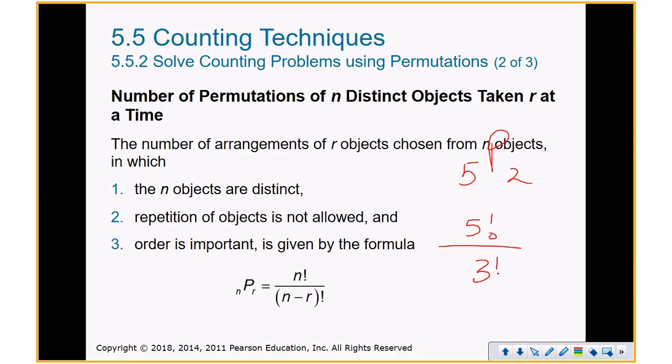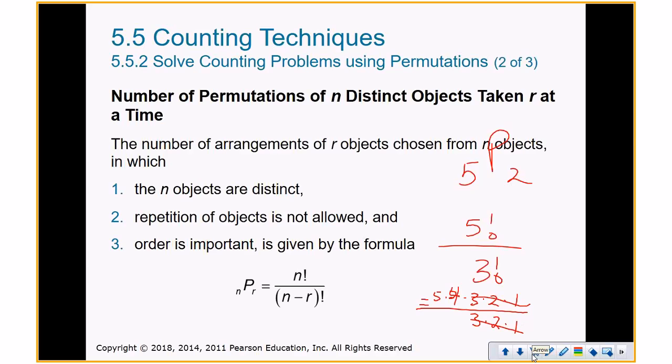3. Now I'm going to show you a trick I learned in the war. 5 times 4 times 3 times 2 times 1 over 3 times 2 times 1. And what happens to the 3, 2, and 1? You're left with 5 times 4, which is 20.